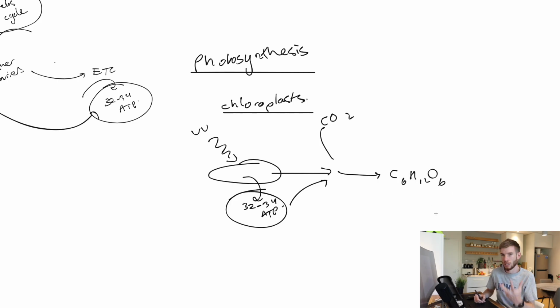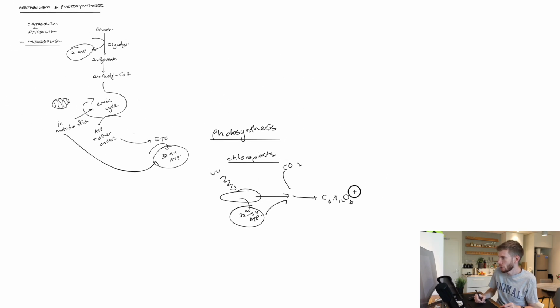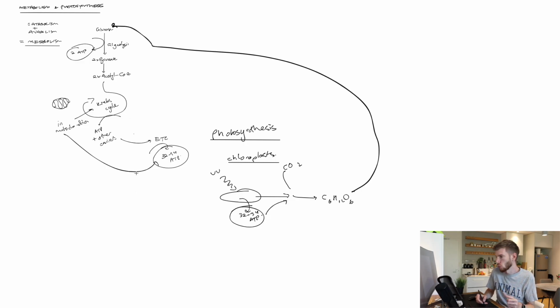So they can actually make their own food at the same time. And then that food goes right back into their metabolic cycle, which is just like ours. They can take that glucose and send it right back and start processing it to generate more energy from it again. So they have the full deal, right?